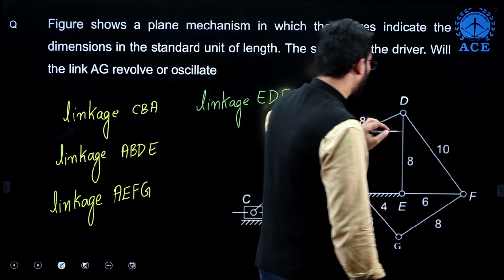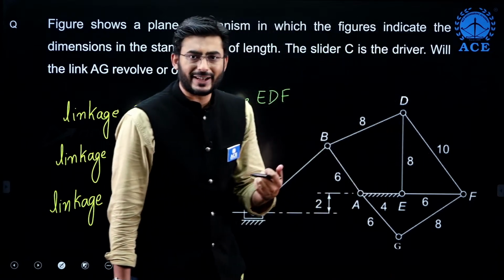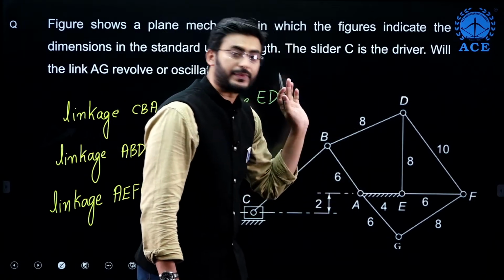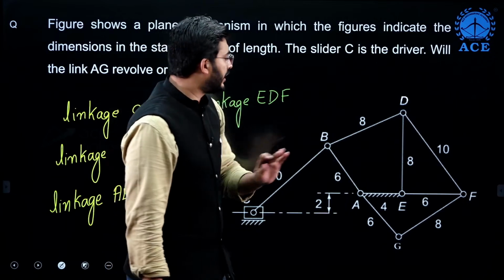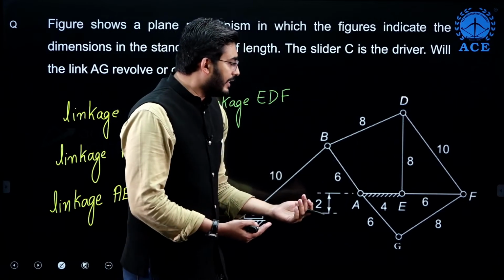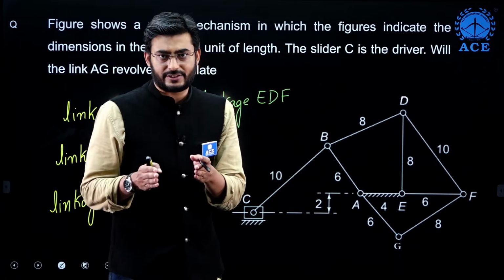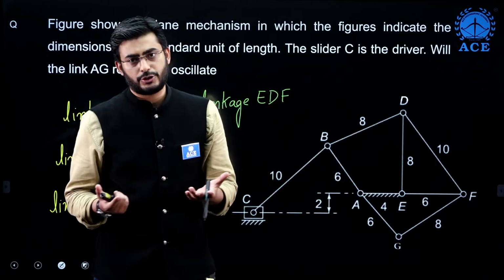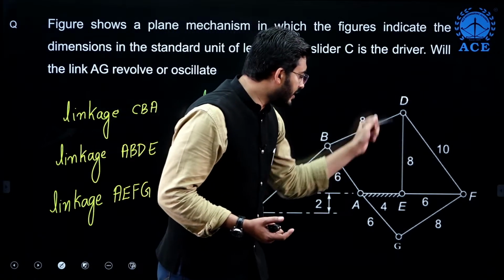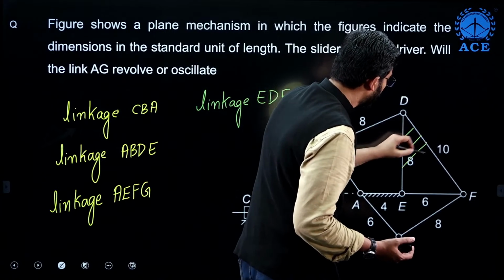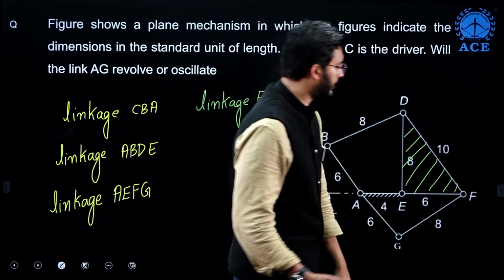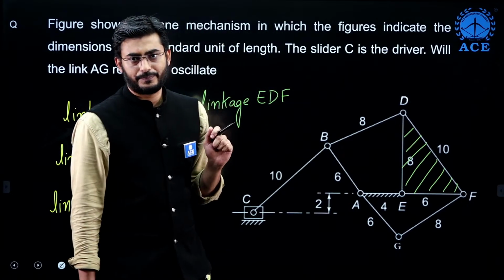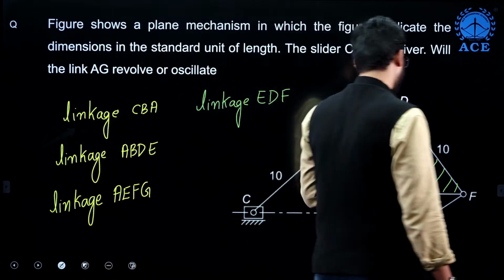Generally you will find this three member arrangement especially in trusses. It cannot be a linkage. I need at least 4 links, then only I will be able to apply Grashof's law. So this is going to be one complete link. As EF revolves, ED also revolves. So please do remember here, guys.